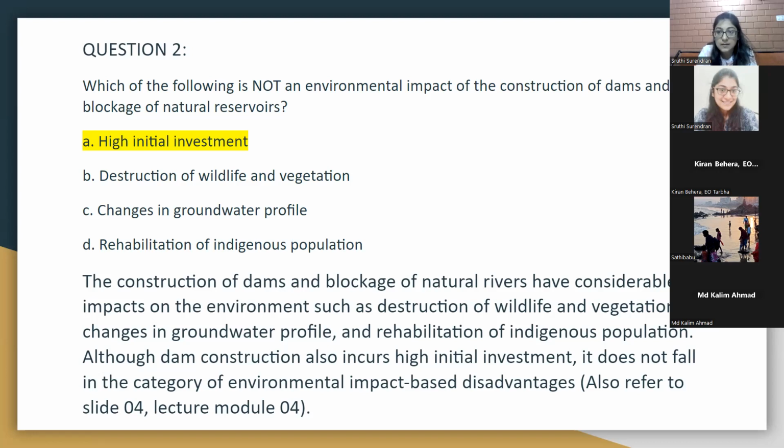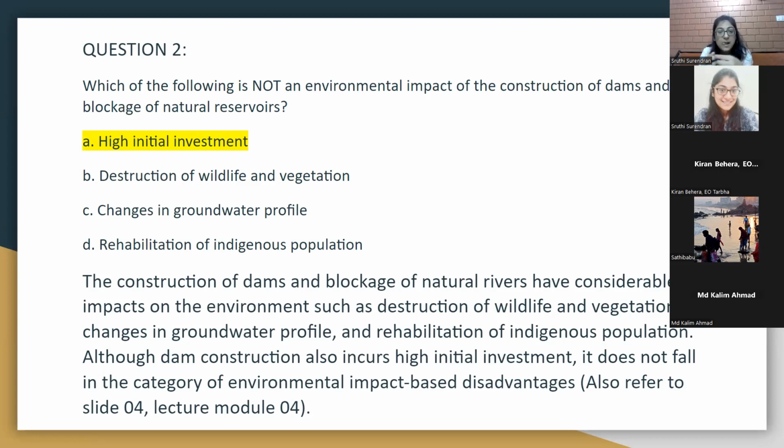And I can understand why the option D came up. It is probably because we believe the population term is only referring to us. It might also mean the population of, if a tribal community is existing in an area, then relocating them who are native to that place is also an environmental impact, is what they say over here.